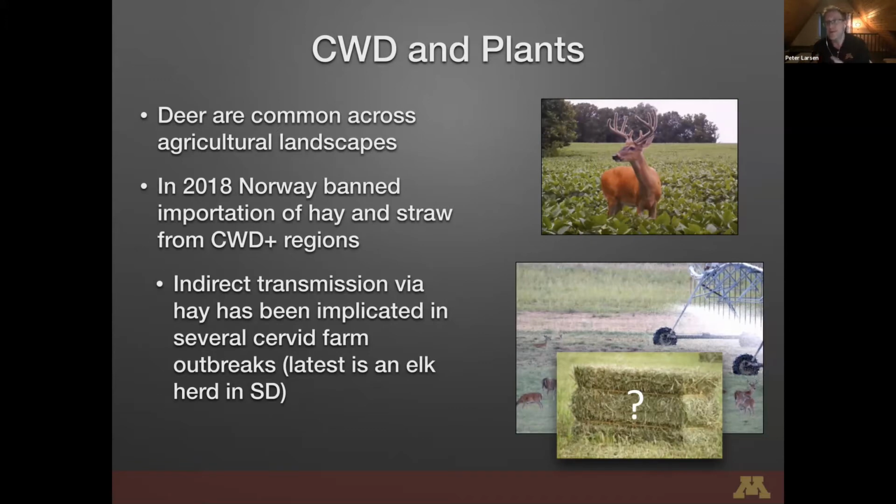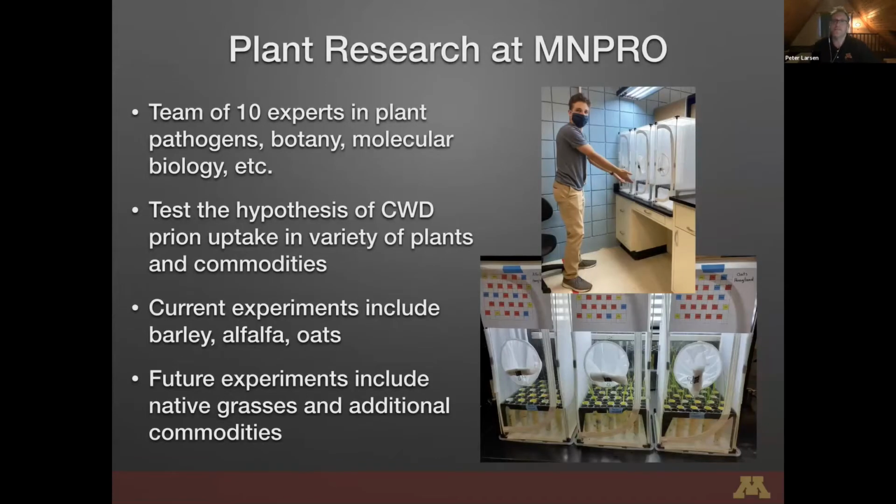You get a lot of soil in there, and there are opportunities to get a hay bale that not only includes the alfalfa itself, but also soil and roots. And so it's a growing concern, right? Of materials being grown in CWD positive or endemic areas and then shipped to other areas.